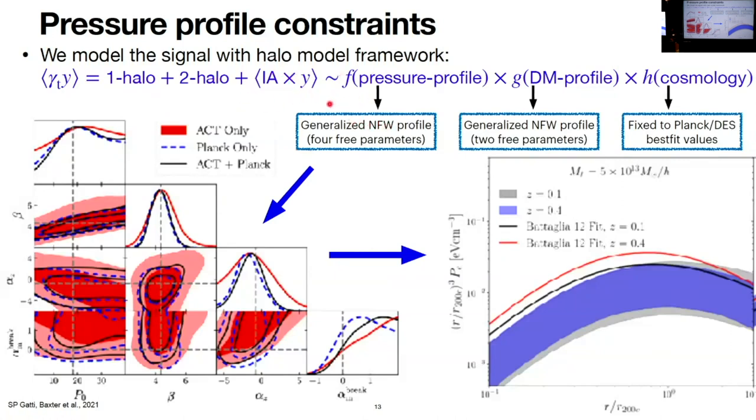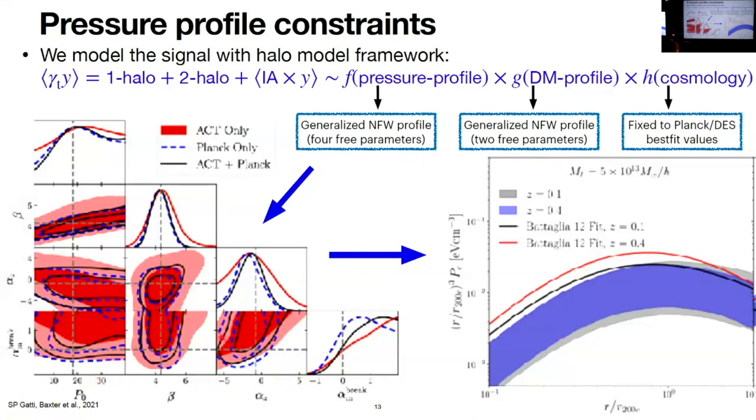But basically, you can boil it down to a function of the pressure profile, a function of the dark matter profile, and some function of cosmology. The cosmology is fixed to either Planck or DES values. The dark matter profile we provide full freedom, and the pressure profile we parameterize as a GNFW profile with 4 free parameters.